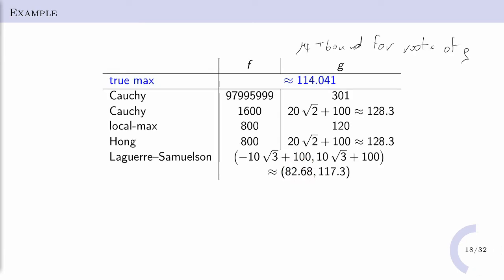So this table not only illustrates how the distinct bounds behave, but it also shows the phenomenon that it often pays to first depress a polynomial, then compute the bound for the depressed polynomial, so for a polynomial whose roots are centered at 0, and then add back this mean of the roots, because the results, as you see, are much better than if we operate directly on the undepressed polynomial.